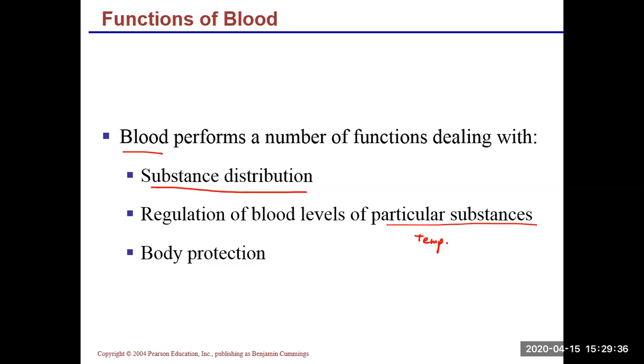So regulating the temperature is important. The blood can absorb and distribute the heat as your muscles contract. They generate heat, and this heat needs to be distributed throughout the body so that you could get rid of it.